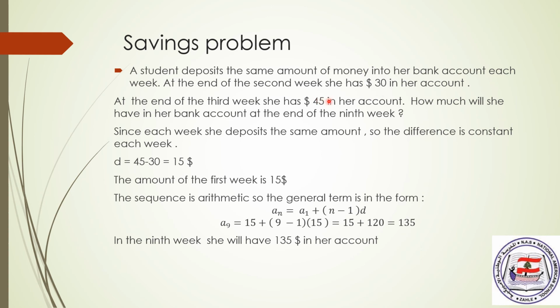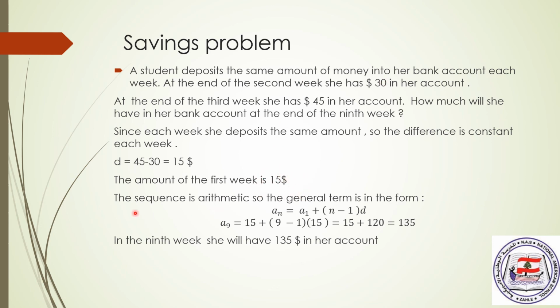The third week amount is represented by a_3, which is $45. So the common difference between the second and the third week is $15. Now we can deduce the amount of money of the first week. Since the second week is $30, the amount of money of the first week is $15.